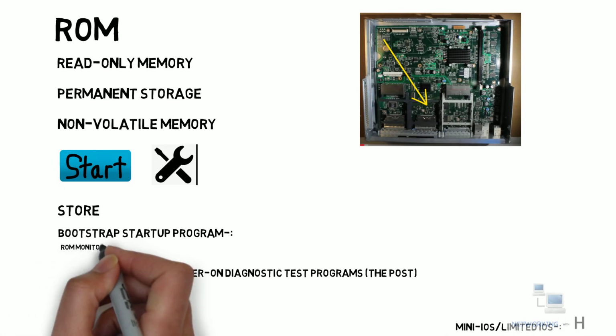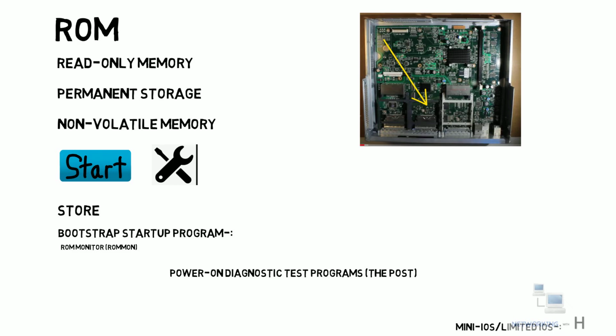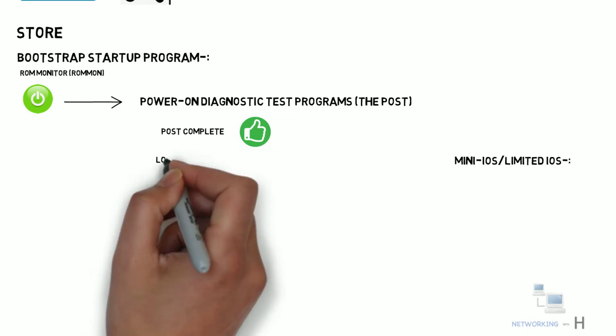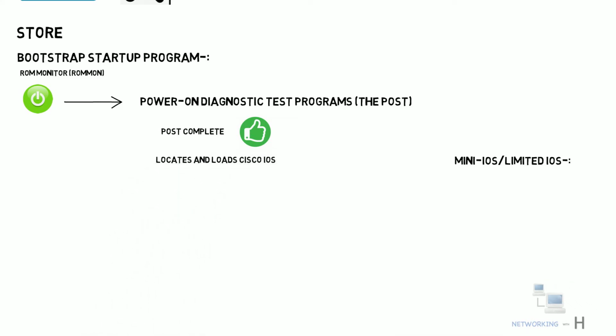ROM contains a bootstrap program called ROM monitor or ROMMON. When a router is powered on, the bootstrap runs a hardware diagnostic called POST, which performs a power-on self-test on all the components. If POST completes successfully, the bootstrap then attempts to locate and load the Cisco IOS stored in flash memory. Flash memory can be erased or overwritten.